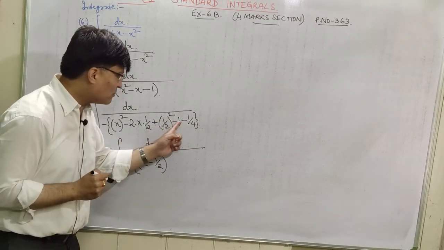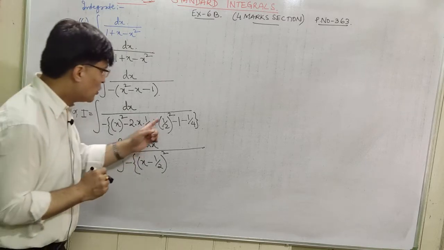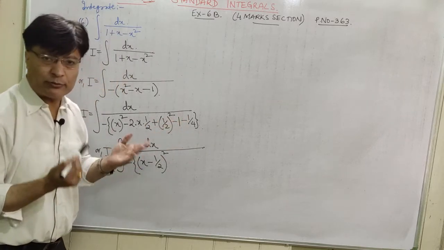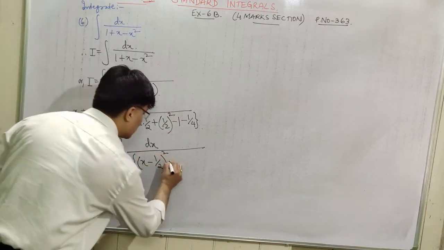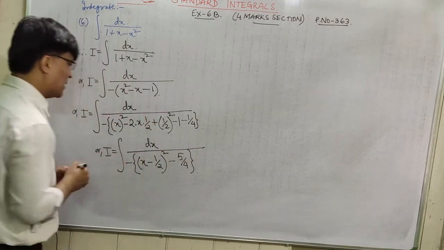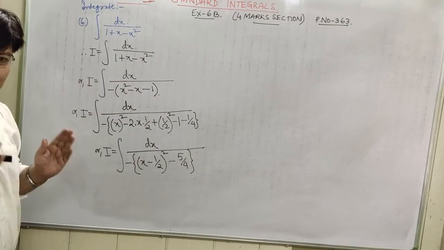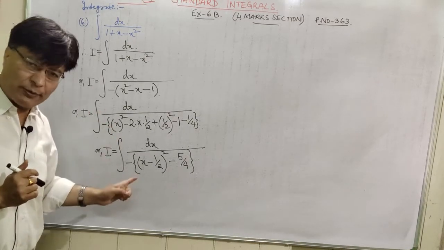Same sign, you have to add them. So 4 ones are 4 plus 1 is 5. So it is minus 5/4. Second bracket is closed. I hope you have understood this simplification.